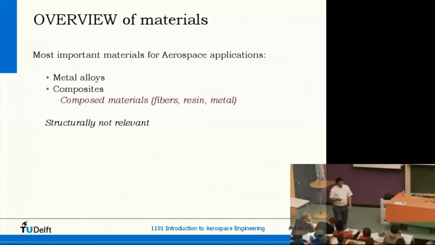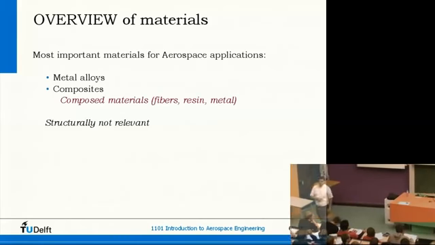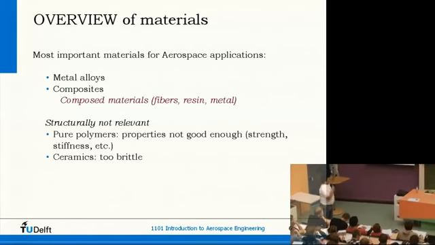Okay, other main groups are, for instance, the polymers and the ceramics. And both are, at least for aerospace, not really structurally relevant. If you look at polymers, you have to think about plastics. Plastics are very nice materials for households, for gardens, for whatever.